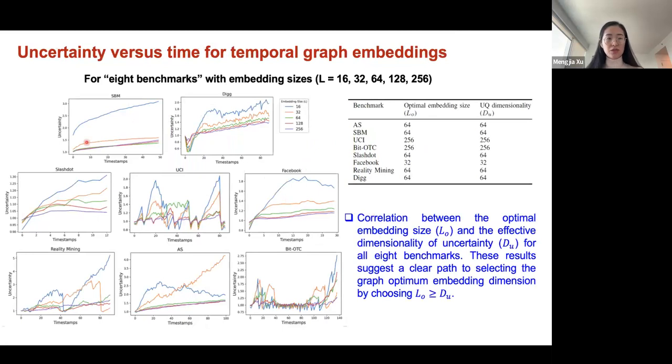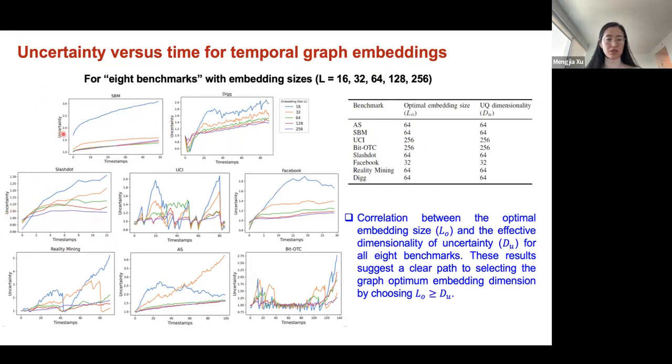And in this slide, beyond this temporal link prediction task, we also show the uncertainty quantification results over time for temporal graph embeddings and different embedding sizes. So these are the 8 different benchmarks. And the uncertainty basically is the average sigma over time steps.